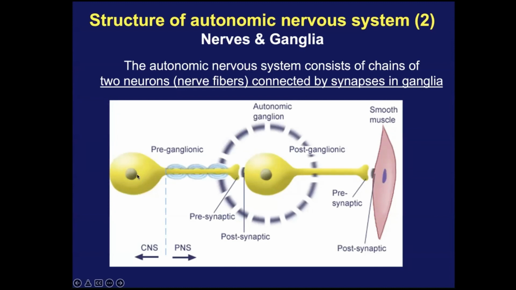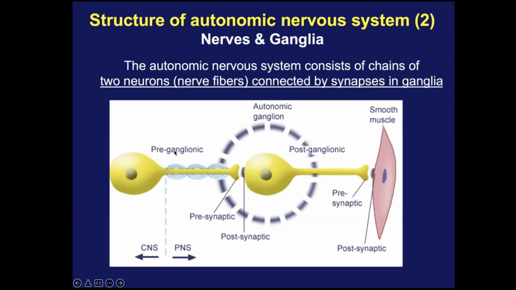Here we can see the autonomic nervous system consists of the chains of two neurons, called two nerve fibers, that are connected by the synapse in the ganglia. Here is the first neuron.